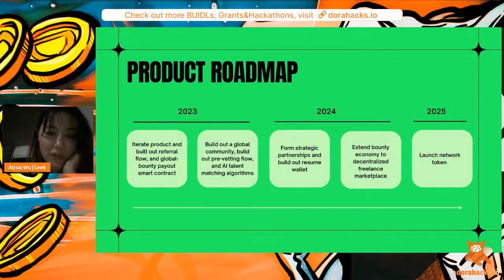We also want to build out an AI talent matching algorithm, so once more talent builds out their verifiable credentials on chain, we can recommend bounty work and job openings to the talent. Next year, we want to have more partnerships formed and also extend our economy for a more reusable and composable protocol. And then in 2025, we're planning to launch a network token.